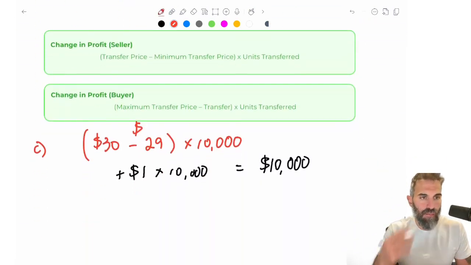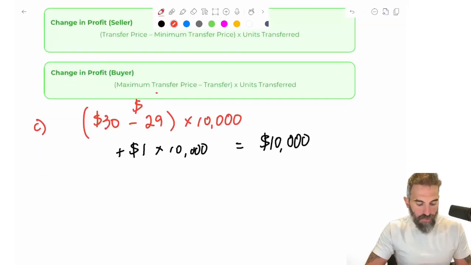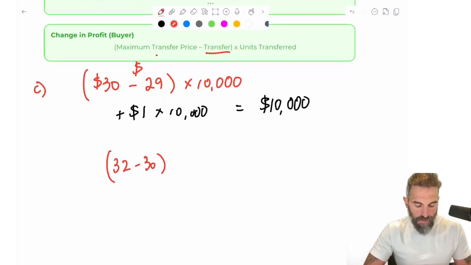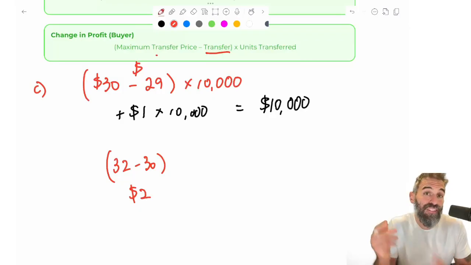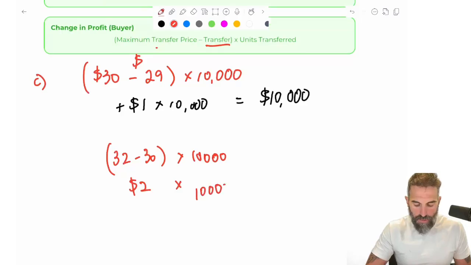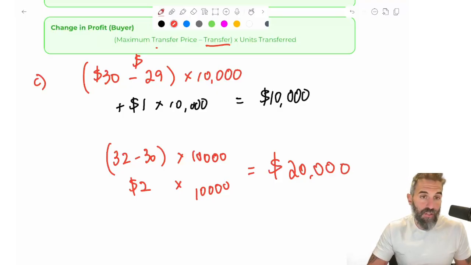So the formula becomes, if you just think of it logically, the maximum they would pay, so 32, minus what they actually pay, which is 30. So here they're actually making $2 because they're saving $2, multiplied by the number of units that they're buying. Right? Their operating income increases by 20,000.